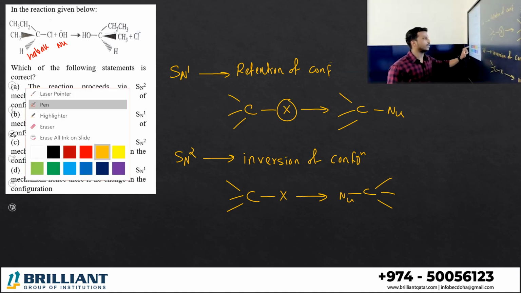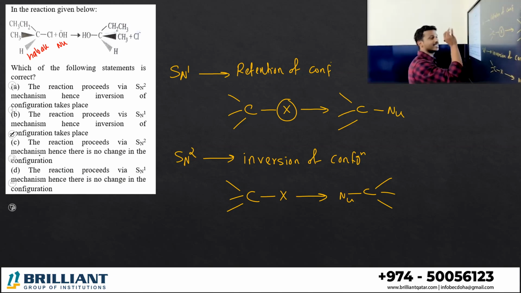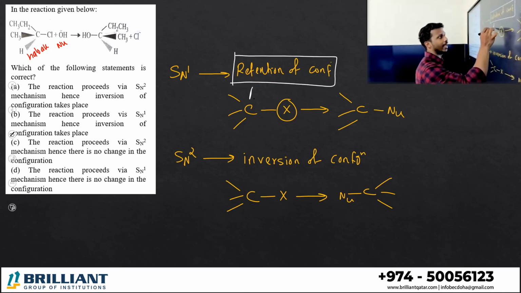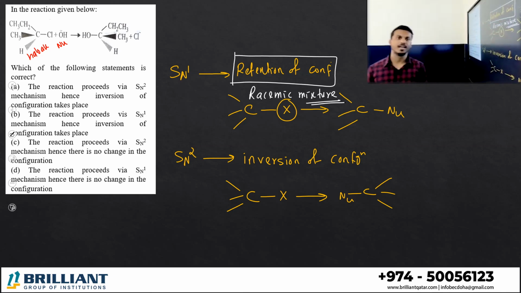And one more thing, let me tell you, where is racemization happening? Where you will get a racemic mixture, equal quantity of dextro and levo, in SN1. Keep in mind, in SN1 mechanism, there is a retention of configuration and also you will get a racemic mixture. Okay, racemic mixture.